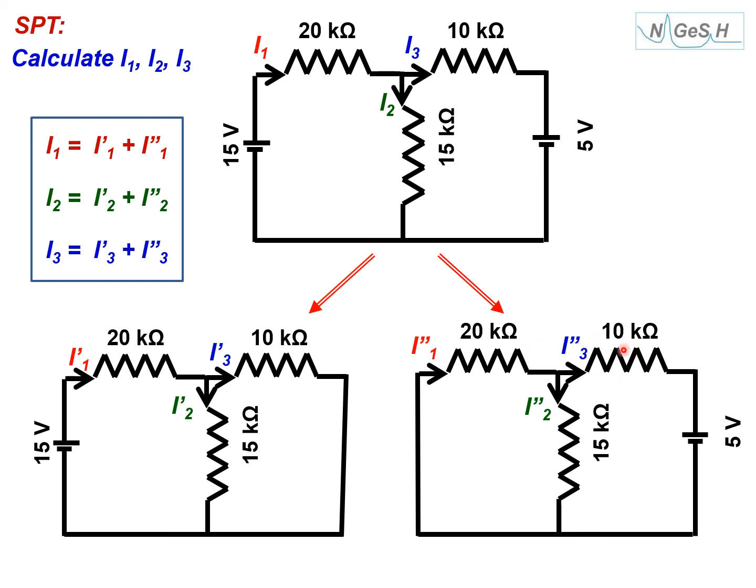So it will be subtracted. For example, I3 prime and I2 prime, they get subtracted. I1 prime, I1 double prime, they get subtracted. I2 prime and I2 double prime, they will get added because both are coming in the same direction. So as I was telling from the beginning, you should keep direction the same and be conscious about sign, or vice versa.